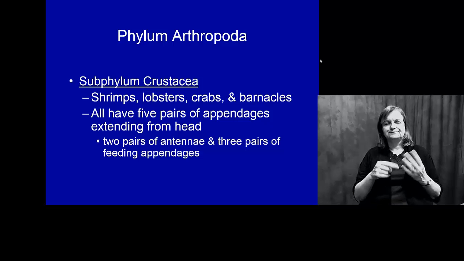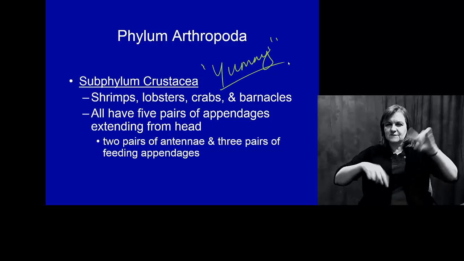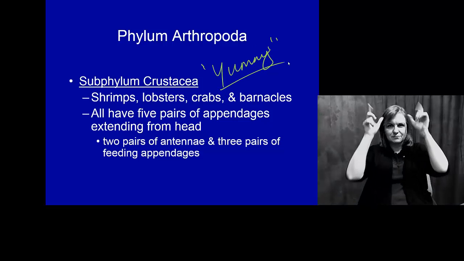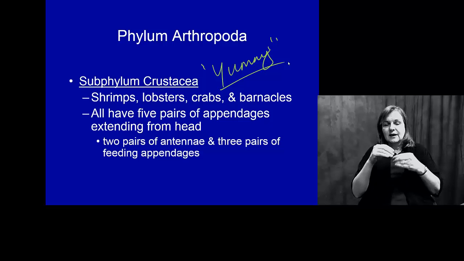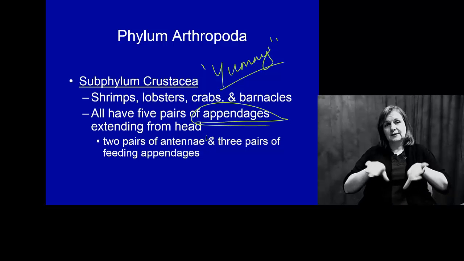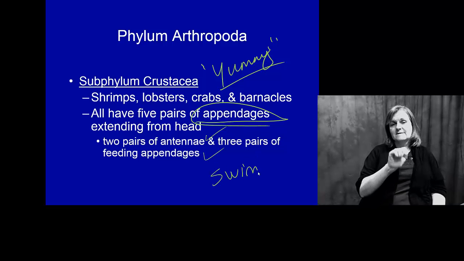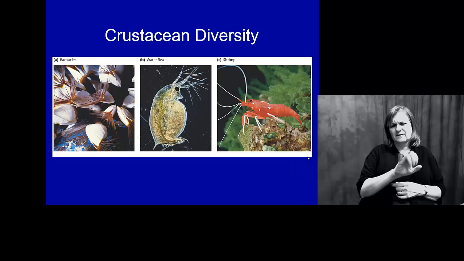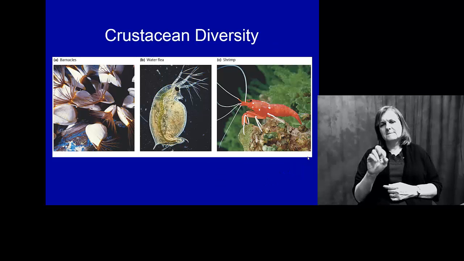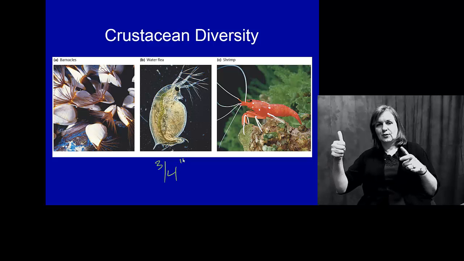So Crustacea, or the yummy phyla, actually include shrimp and lobsters and so on. The important part here is we get more appendage variability. So looking at both antennae kinds of things, feeding appendages, many of them have swimming appendages associated with them. But they range in size. A water flea is only going to be on the order of about 3/4 of an inch.